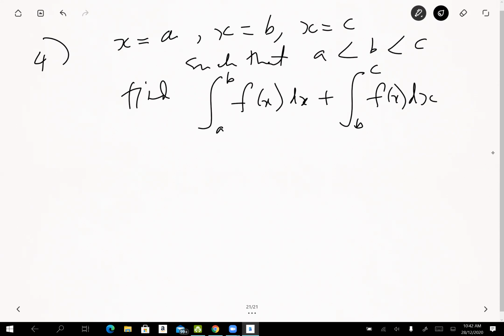Here you have AB, BC, and B is in the middle of AC. So that is simply the integral from A to C of f of x dx.